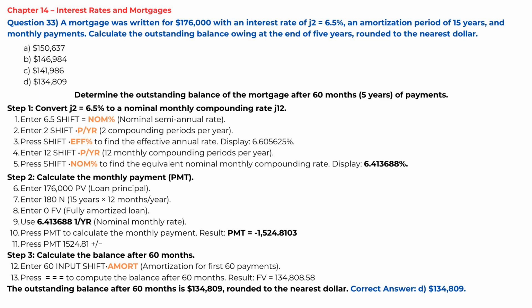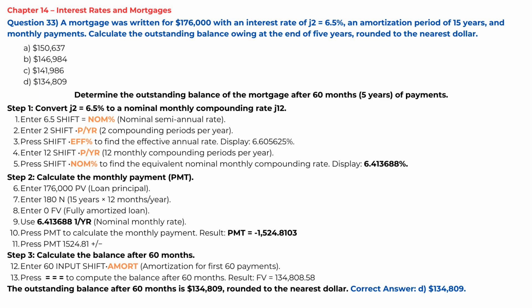Convert J2 equals 6.5% to a nominal monthly compounding rate J12. Enter 6.5, Shift NOM, nominal semi-annual rate. Enter 2, Shift PYR, 2 compounding periods per year. Press Shift Effective. Enter 12, Shift PYR, 12 monthly compounding periods per year. Press Shift NOM to find the equivalent nominal monthly compounding rate.